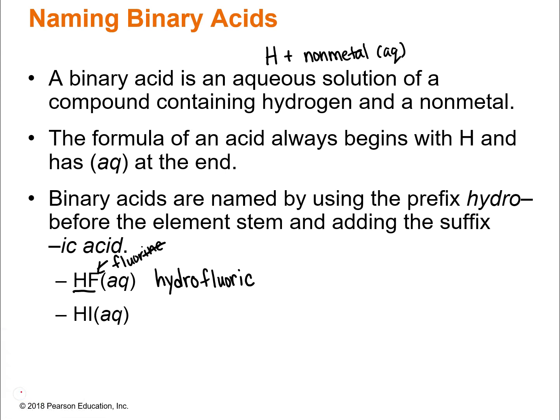So the only part that you're modifying for this first word is what I am boxing in red. The hydro and the ic are always there for a binary acid. Then all you have to do is write the word acid. So it's hydrofluoric acid.